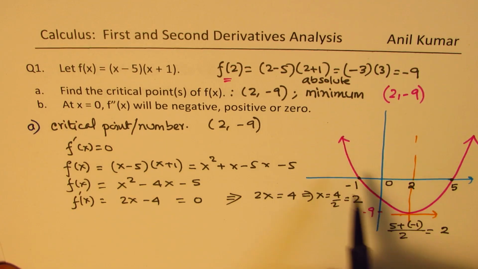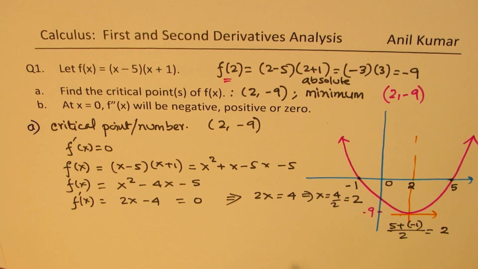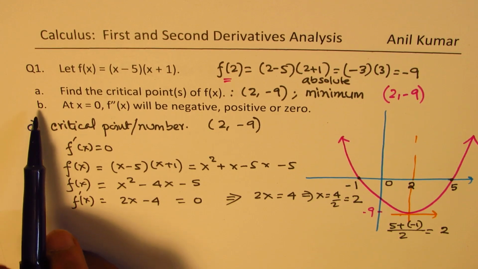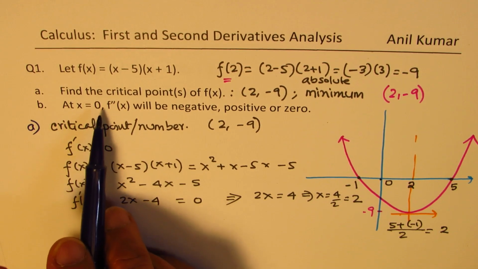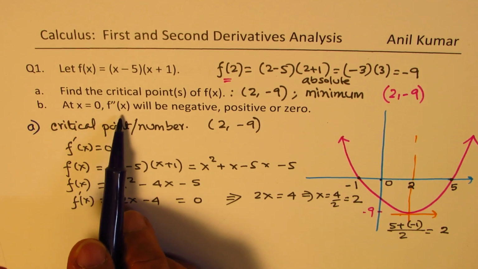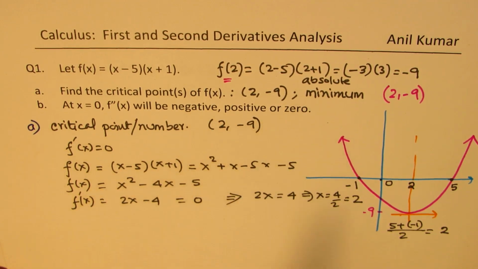So some of you can also sketch the graph and get the answer, but the correct method will be to find the first derivative and then find the critical point. Now let us answer part B, which is at x equals 0, f second derivative will be negative, positive or 0.